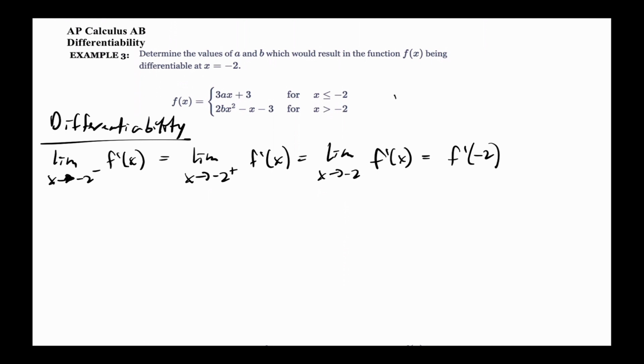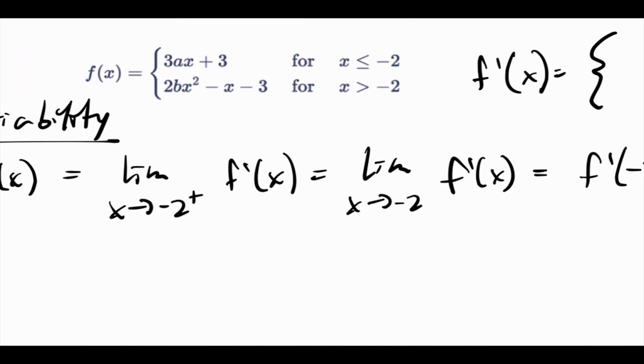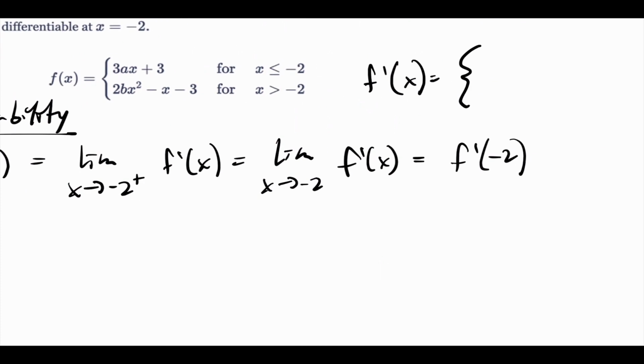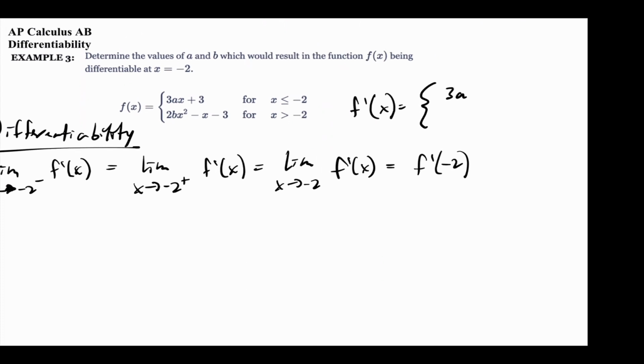Okay, so we need to find a derivative. So the derivative of the top, 3ax plus 3. What would the derivative be there? 3a, good. 3a, because 3a is the coefficient. So it's 3a.